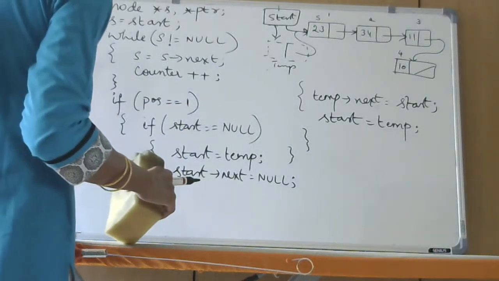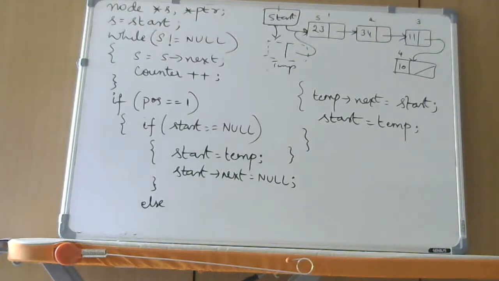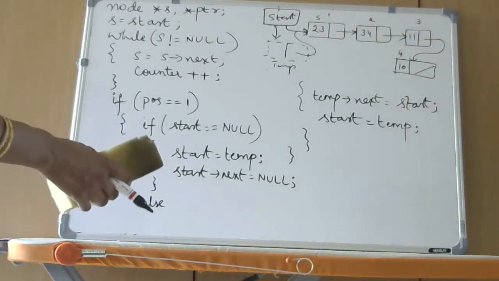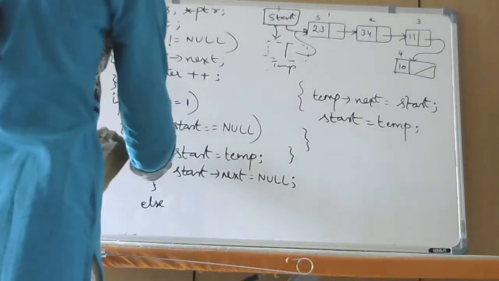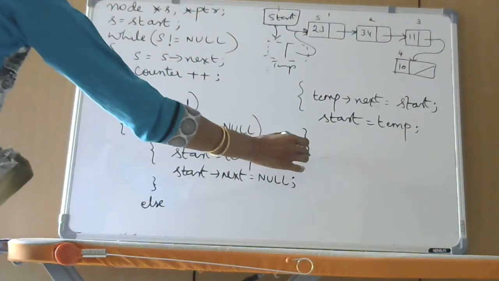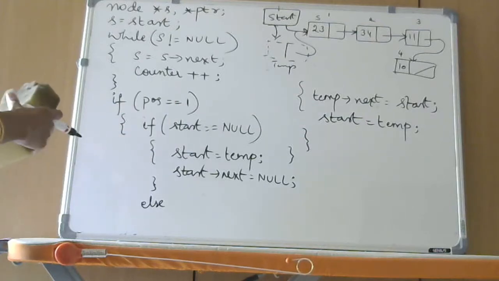Okay. Next, what if the position is not 1? That means I don't want to insert at the beginning. I want to insert elsewhere. Then what I will do? So when this if gets over here, I will take one more else.